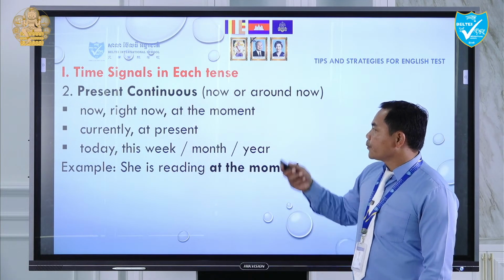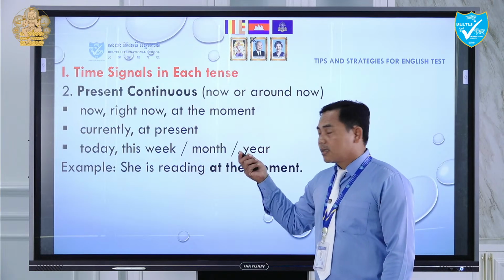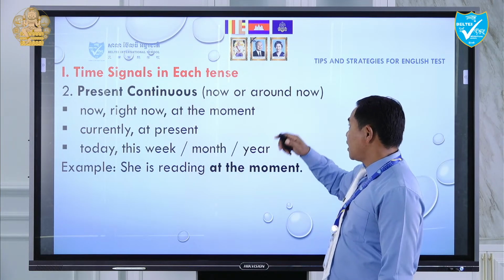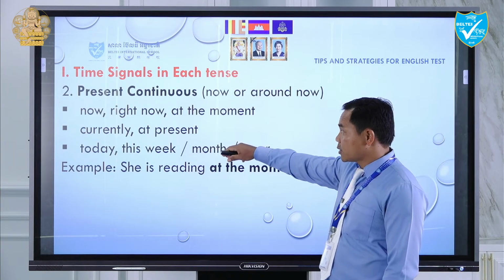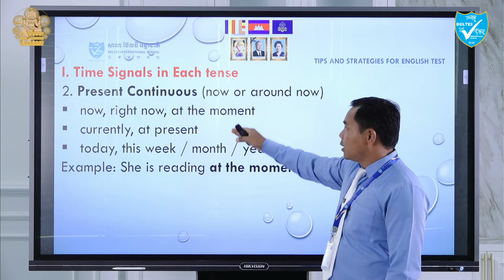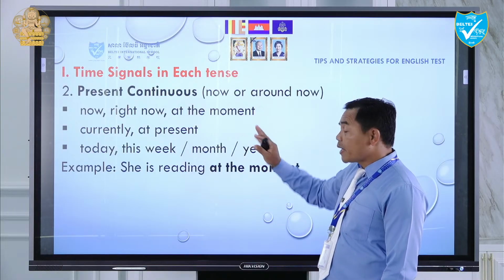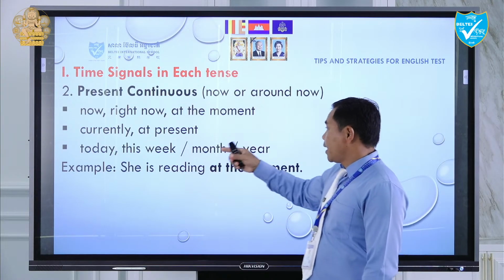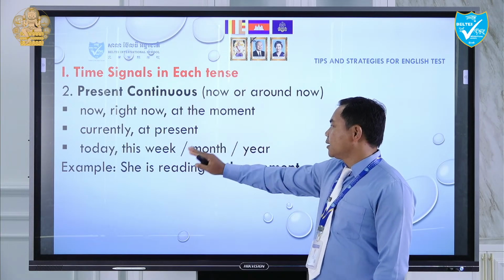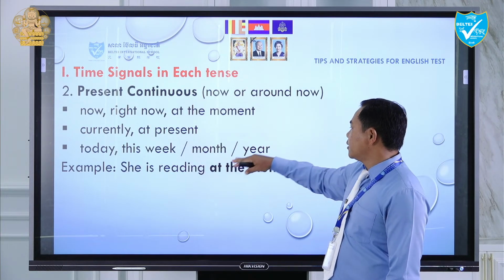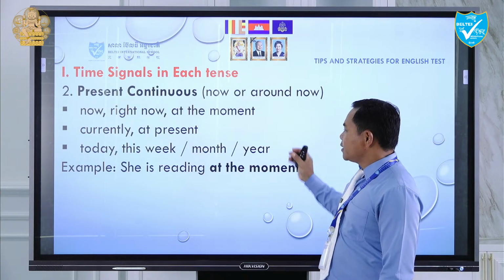Number two, present continuous, which we use to talk about an action happening now or around now. Here are the time signals used in present continuous or present progressive: now, right now, at the moment, currently, at present, today, this week, this month, this year.